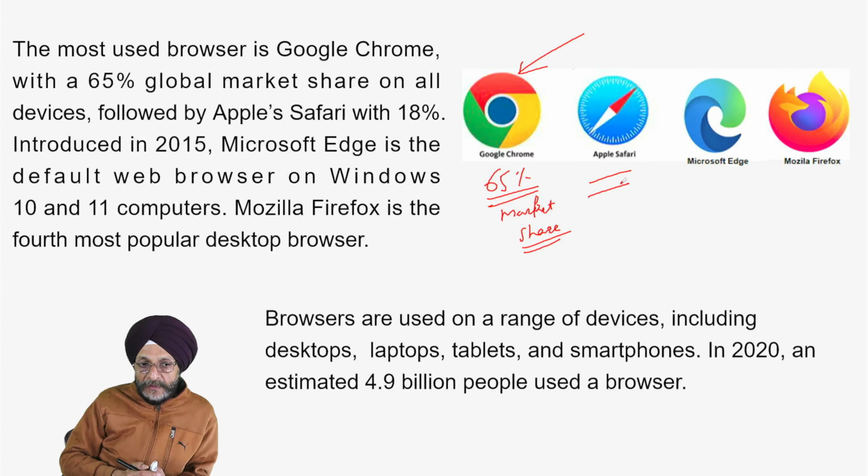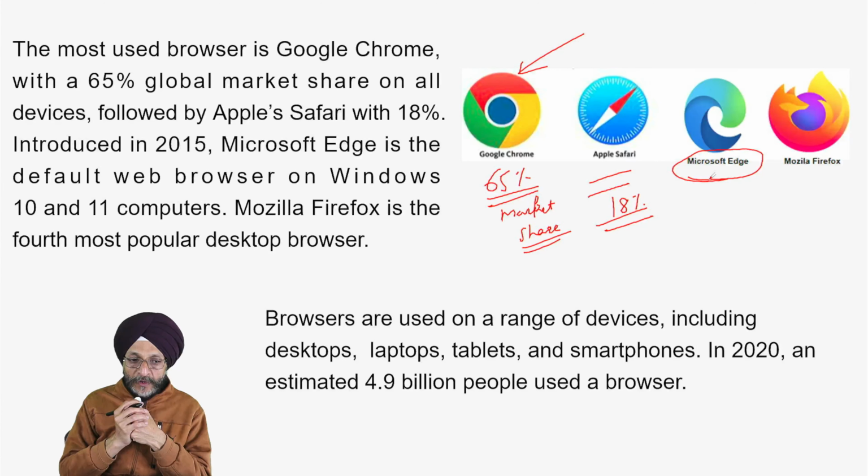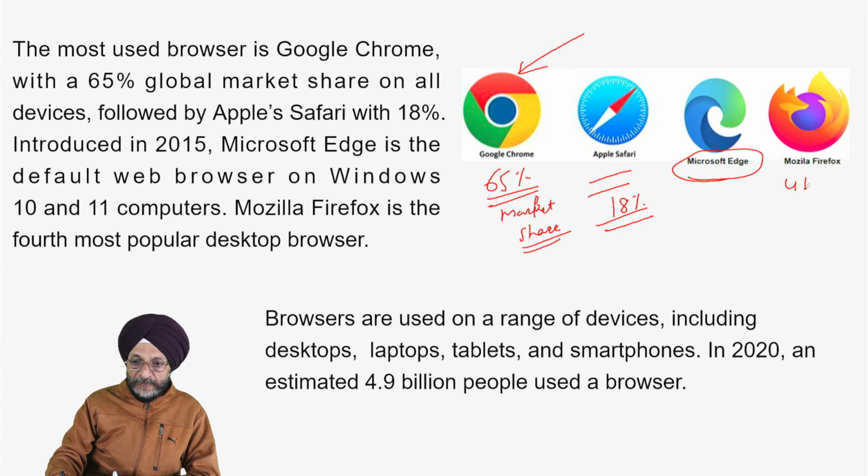Apple's Safari browser, which was introduced in 2015, has 18% market share. Now, the Microsoft Edge, which is the default web browser on Windows 10 and 11 computers. Now, this is the Mozilla Firefox. This is the fourth most popular desktop browser.